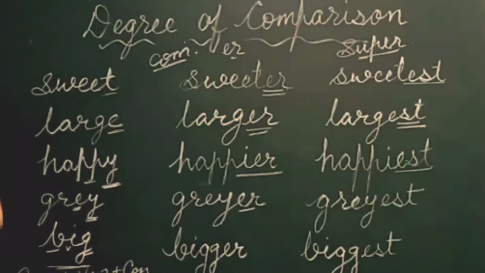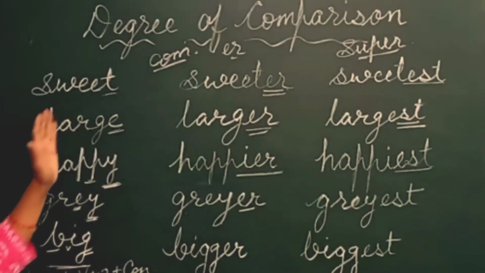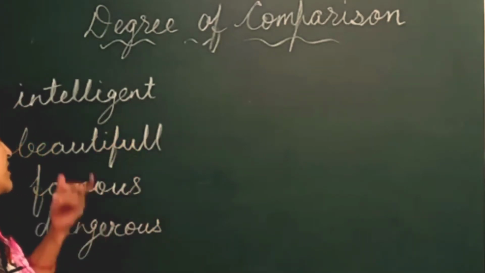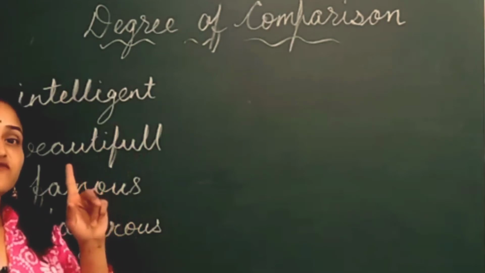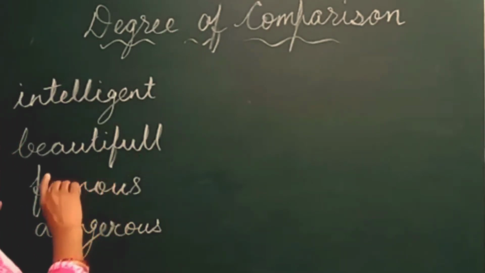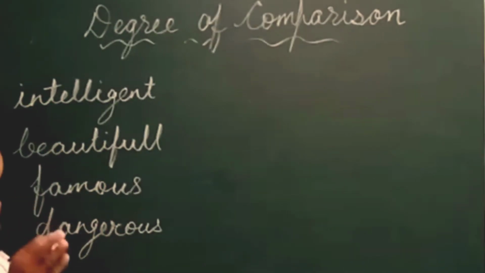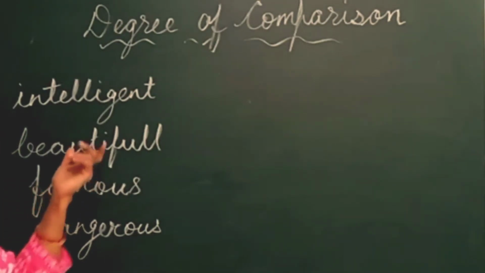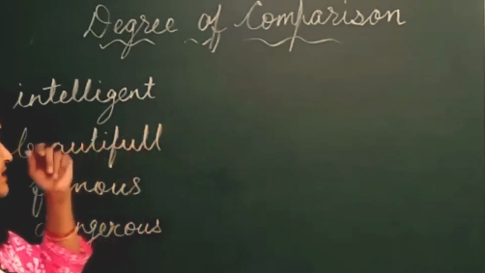Okay, so these are the rules to change an adjective from positive to comparative and superlative degree. The last rule: when an adjective is formed with more than one syllable, what is a syllable? When we divide a word into more than one part, that is known as a one syllable word, two syllable word, and three syllable word.